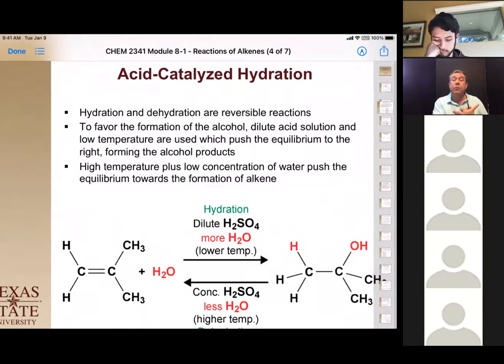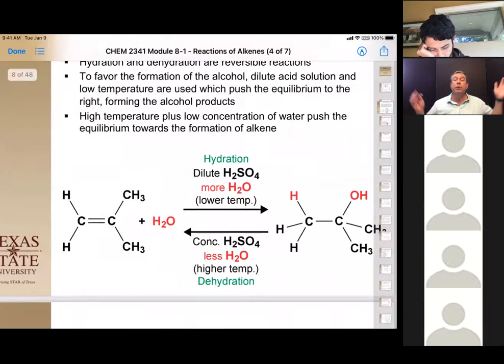Now, if you want the alcohol, you want to lower the temperature of the reaction and have much more water around. Because with much more water around, it can act as the nucleophile and drive the reaction to the alcohol. Okay. So when you want to form the alkene, think higher temperatures because you're driving off water, you're boiling away water. When you want the alcohol, think lower temperatures and adding water to the reaction.